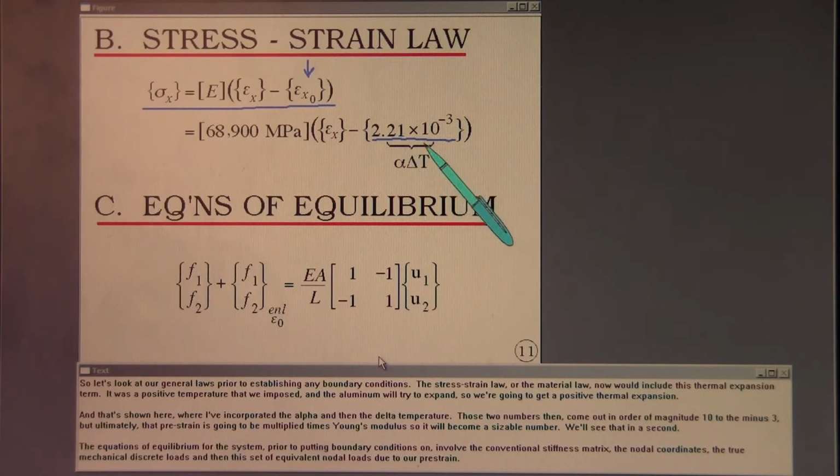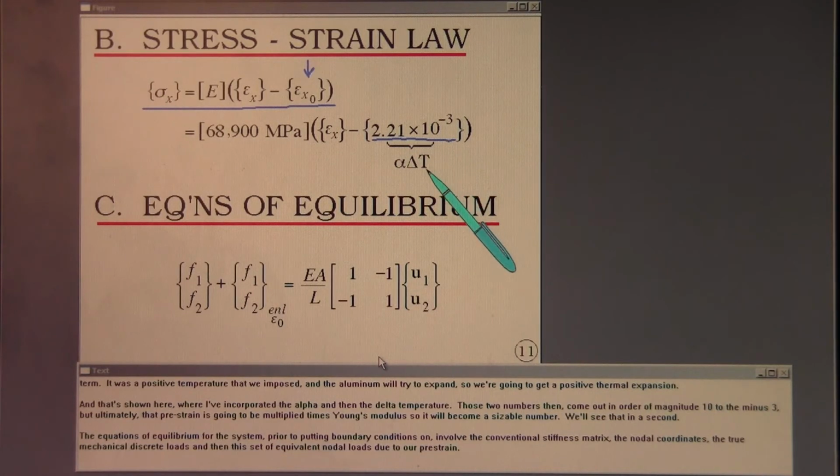Those two numbers then come out in order of magnitude 10 to the minus 3, but ultimately that pre-strain is going to be multiplied times the Young's modulus, so it will become a sizable number. We'll see that in a second. The equations of equilibrium for the system prior to putting boundary conditions on involve the conventional stiffness matrix, the nodal coordinates, the true mechanical discrete loads, and then this set of equivalent nodal loads due to our pre-strain.